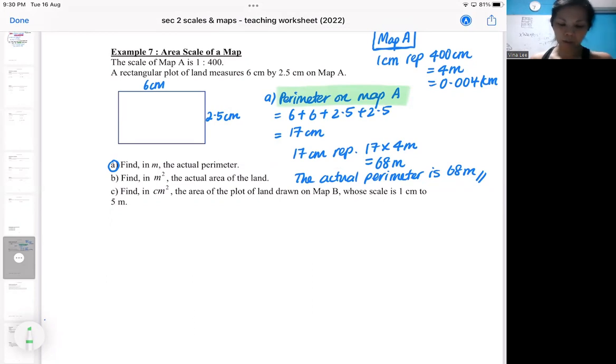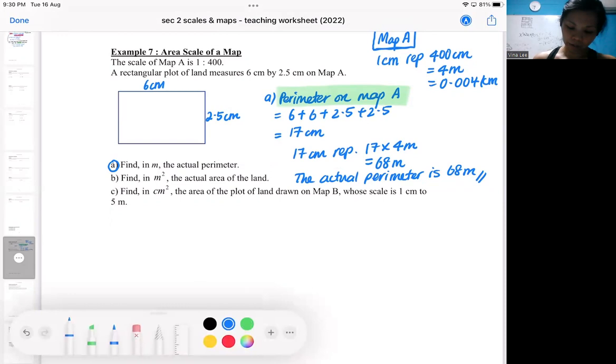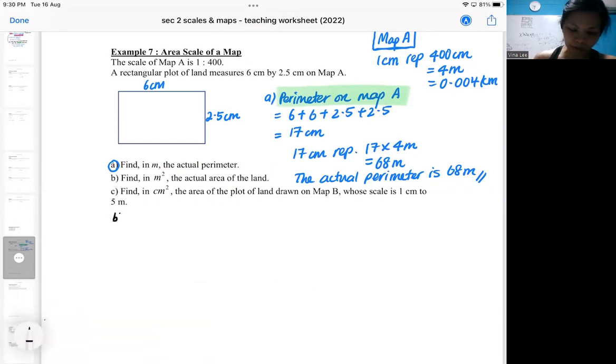Then the next one, I would like to find the actual area. If I would like to find the actual area, of course, I need the area scale. So I will need the actual area in meter square. So I'll be squaring these two.